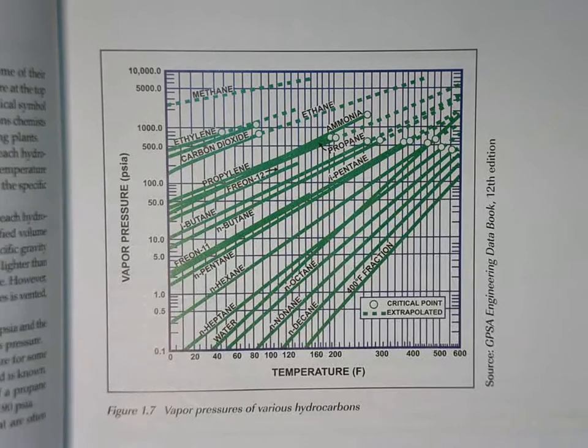Remember when we were talking about how pressure results from the actions of the molecules of gas colliding with each other, colliding with the walls of whatever vessel they're in. If you remember the ideal gas law, PV equals nRT.